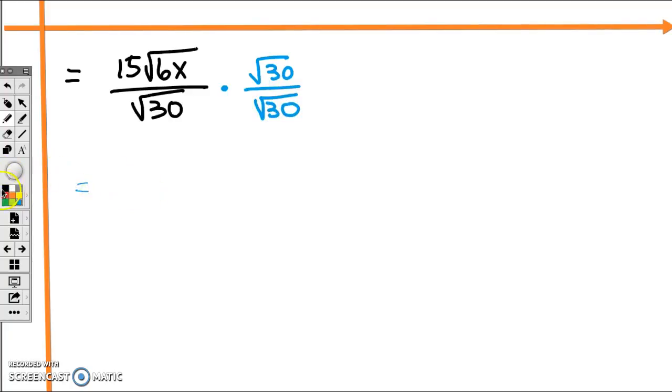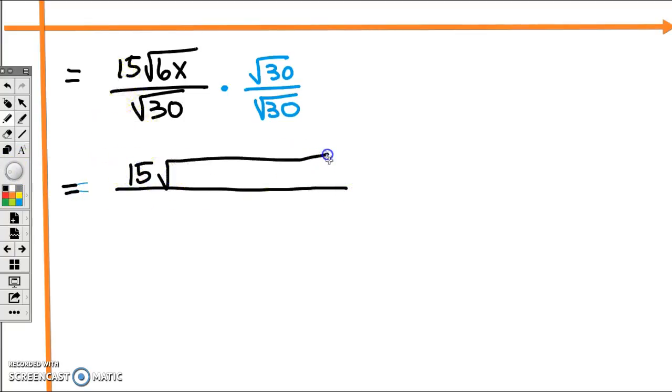So then again, the same thing happens, right? Everything on top should stay together. So I have 15 on the outside, and in the square root, everything else. At the bottom, the square root of 30 times square root of 30 is going to make it come out, right? So I already know that's all good.